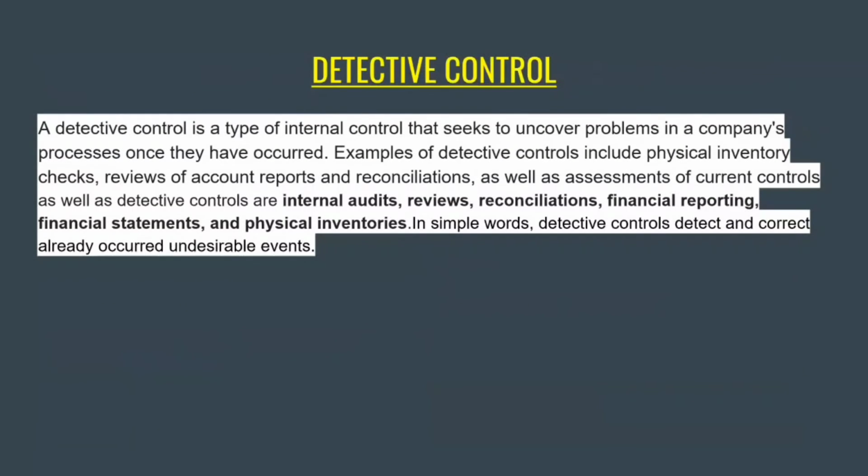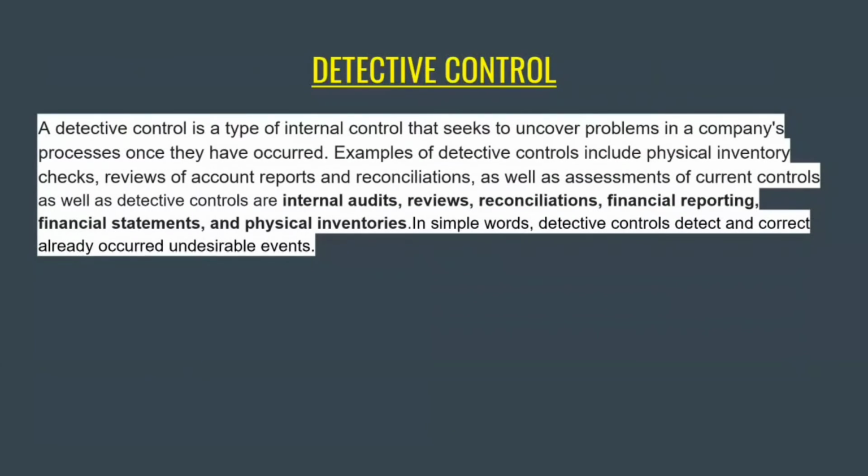And next, we are going to discuss detective control. A detective control is a type of internal control that seeks to uncover problems in the company processes once they have occurred. Examples of detective control include physical inventory checks, reviews of reports, reconciliation, and assessment of current controls, as well as internal audits, financial reporting, financial statements, and physical inventories.